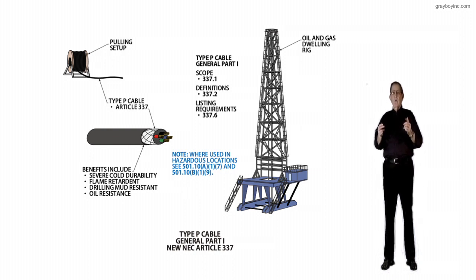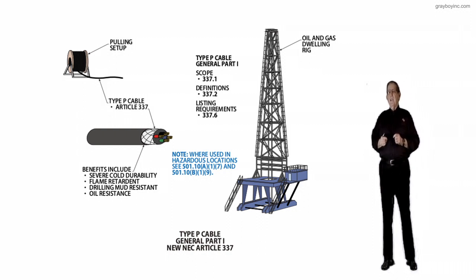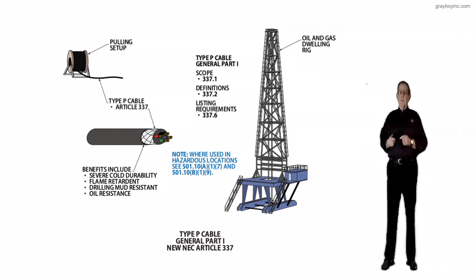In wrapping up this new article part we're dealing with here, it's just talking about the cable, and the scope, definition, and listing requirements of the cable. So we'll close out this change, and really not a change, but a new article now.